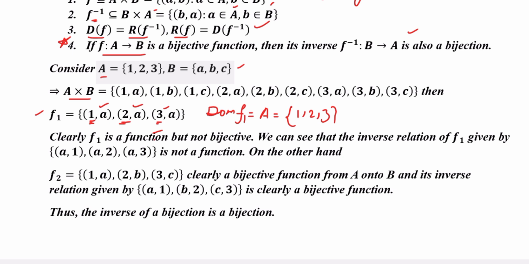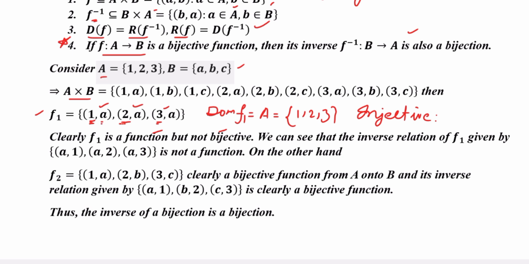So clearly F1 is a function, but F1 is not a bijective function because F1 is called a bijective function if it is surjective as well as injective. First, F1 is not an injective function because for injectivity, the set theoretic definition says that there should be no repetition in the second element.